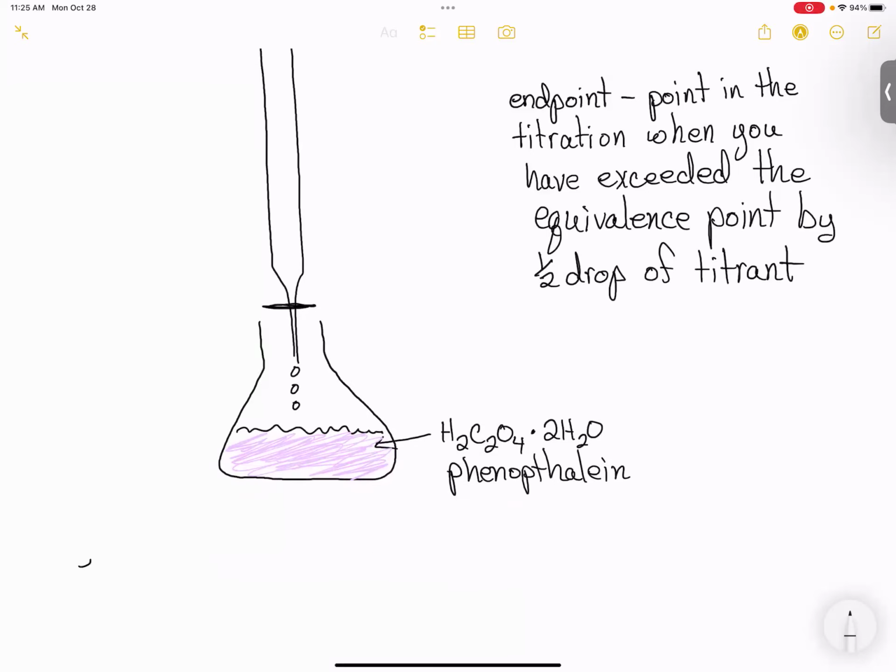Something else discussed in College Chemistry 1's laboratory was the equivalence point.